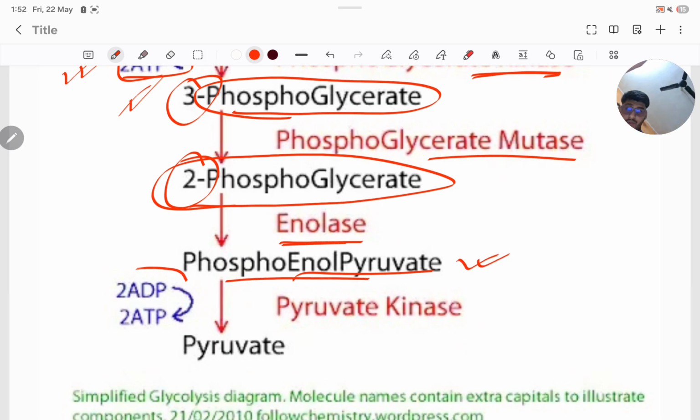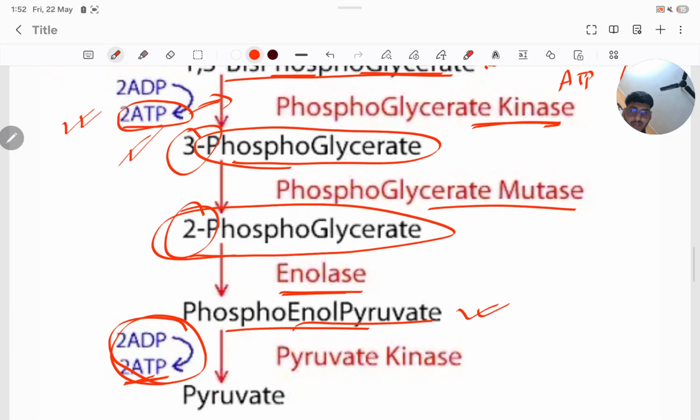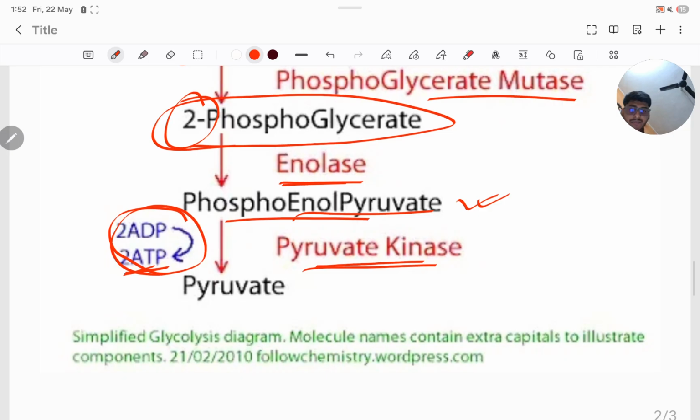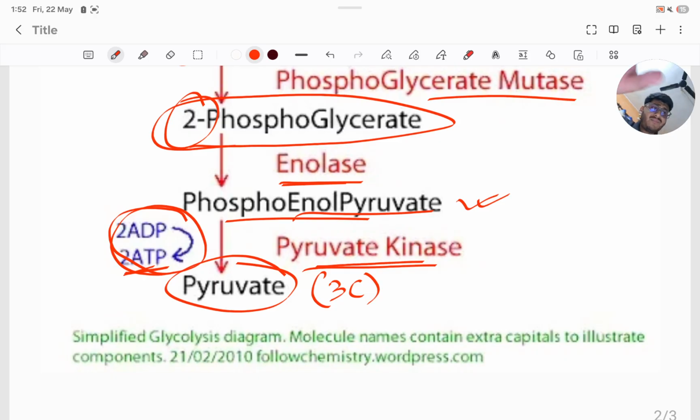Then there is another step where 2 ATPs are produced. Then the pyruvate kinase produces the pyruvate molecule, which is 3 carbon. So that is it. That was the stuff. What are we getting in the end?